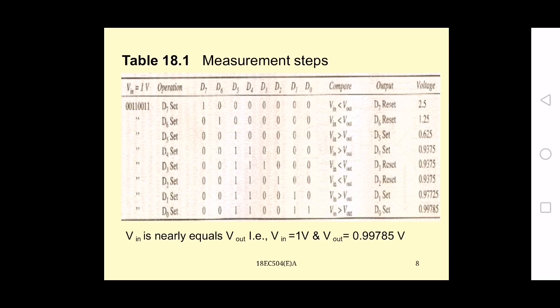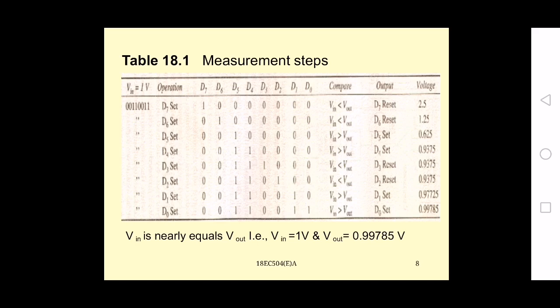So my Vin is 1 volt. First, D7 is 1 and all the other bits, D6 to D0, are zeros. When all are high, my voltage is 5.